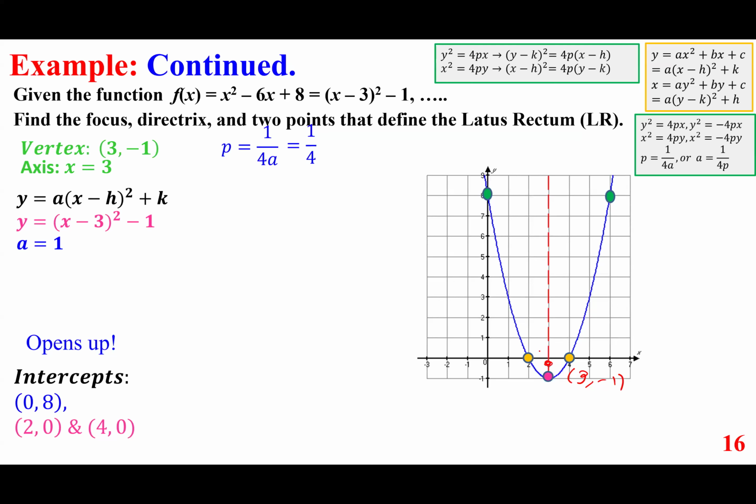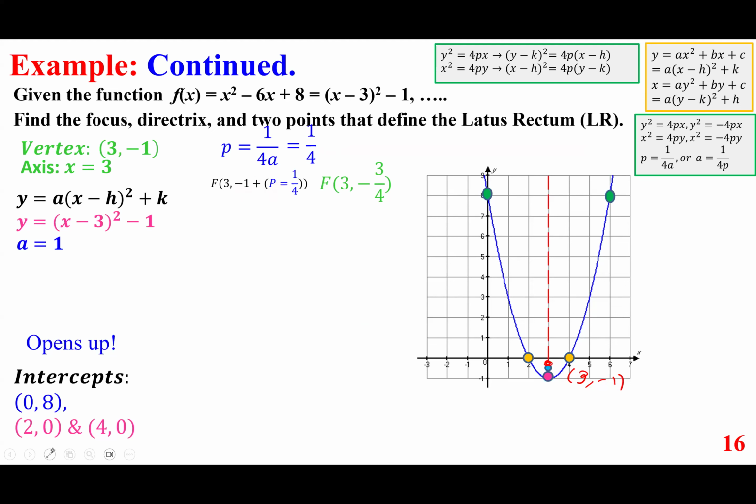So somewhere here is the focus, F, and that has the same x coordinate. That's why you don't have to memorize the way they had it there. I know that all I have to do is take the y coordinate of the vertex and go up by 1/4. So -1 is the y coordinate, go up by 1/4, by p, and this is the focus.